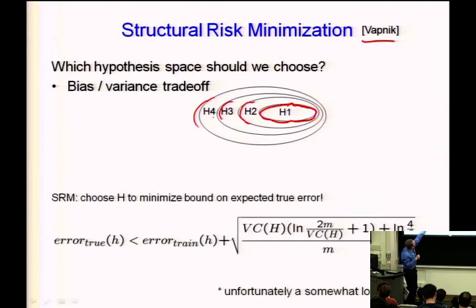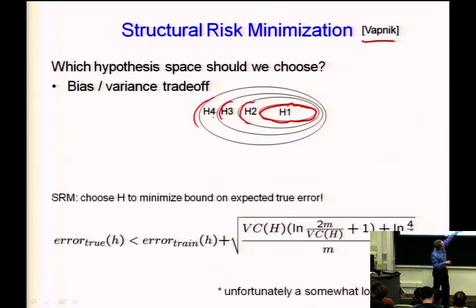As we know, our true error is going to be bigger than the training error because we're fitting the hypothesis to the training data. But by how much? Well, that's what VC dimension PAC theory tells us. And so he was saying, why don't we pick it to minimize this quantity to the right of the inequality?